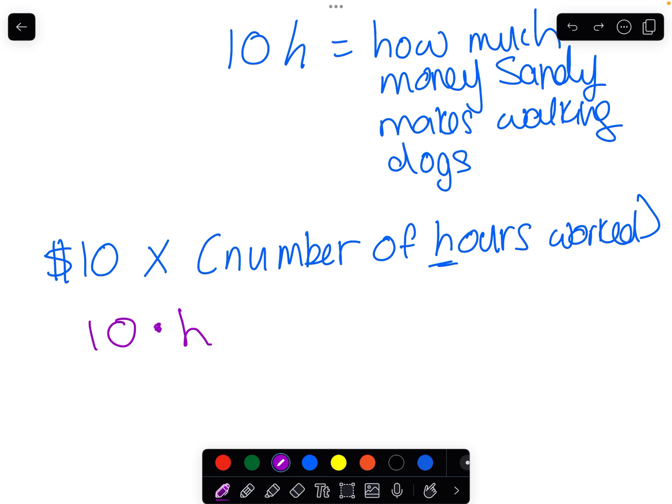It's actually in the middle. It hovers in the middle. 10 times H is the same as 10H, except we don't use the times sign. We do not use that X when we are working with algebra, because X is a letter that can actually represent a number.